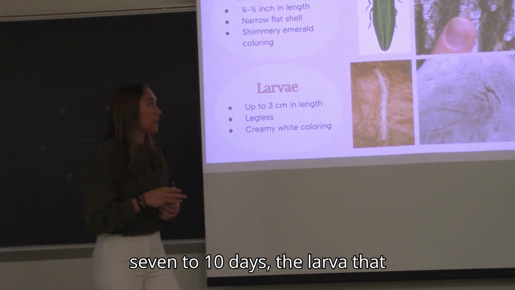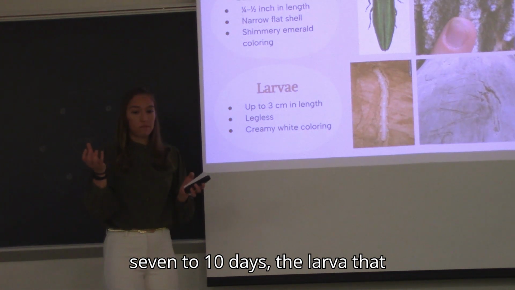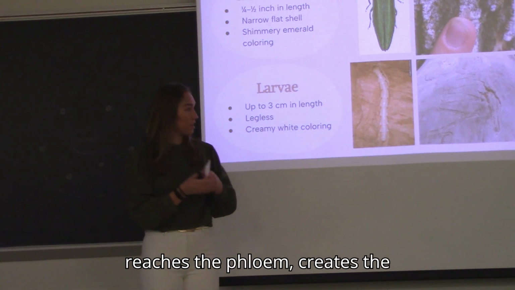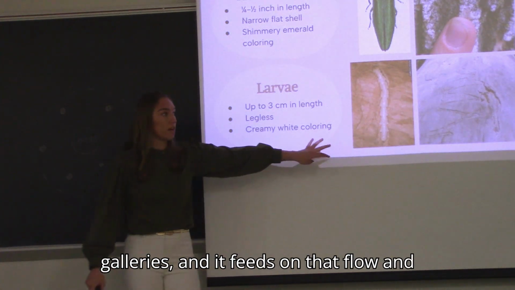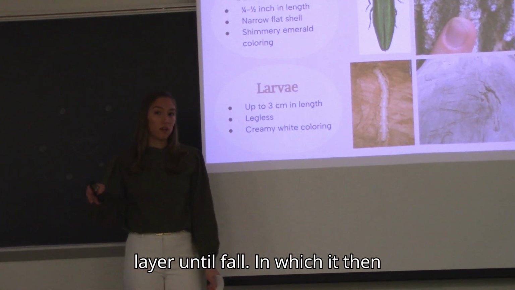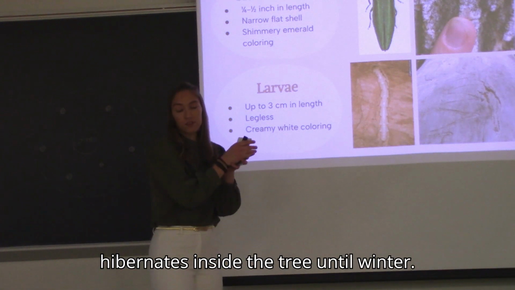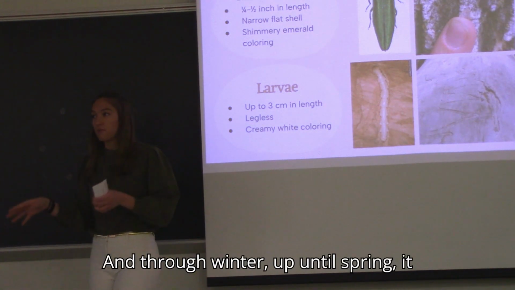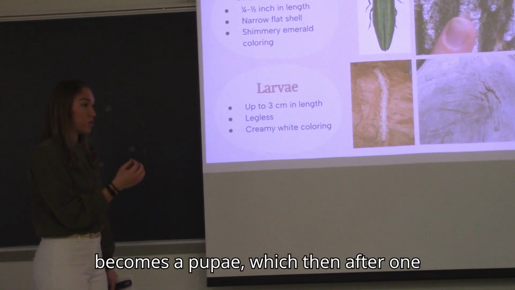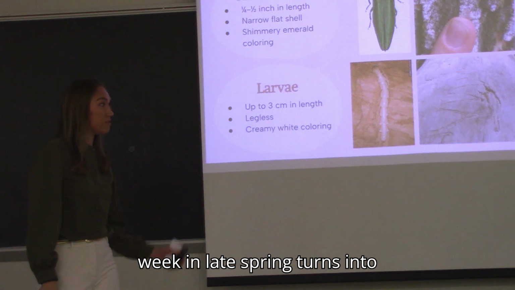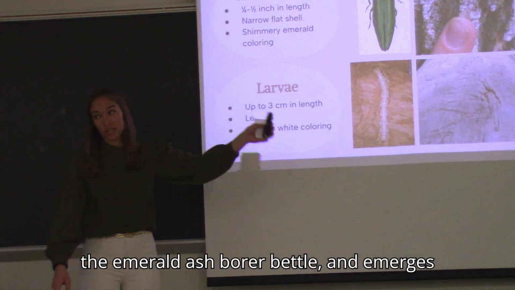After those 7 to 10 days, the larva that emerges bores into the tree until it reaches the phloem, creates the galleries, and it feeds on that phloem layer until fall, in which it then turns into a prepupa, and then hibernates inside of the tree until winter, and through winter up until spring it becomes a pupa, which then after 1 week in late spring turns into the emerald ash borer beetle and emerges out of the tree.